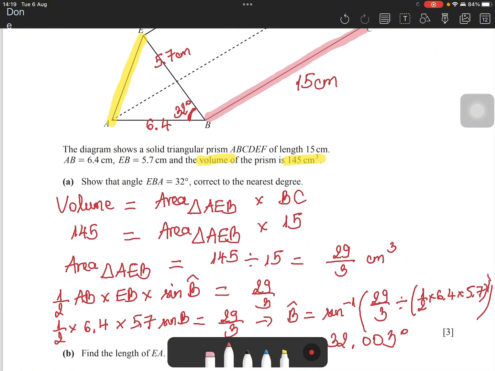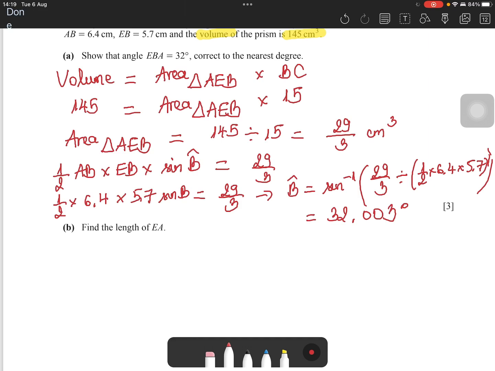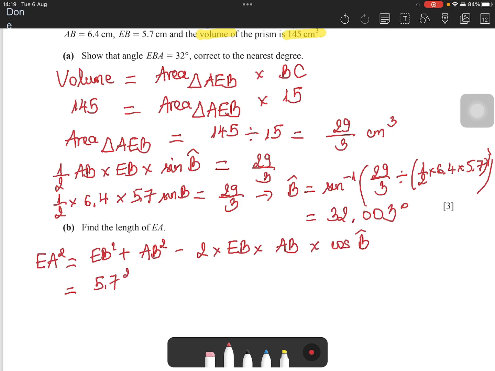In the cos rule, we see that EA squared is equal to EB squared plus AB squared minus 2 times EB and AB and cos of the angle B. EB is equal to 5.7.